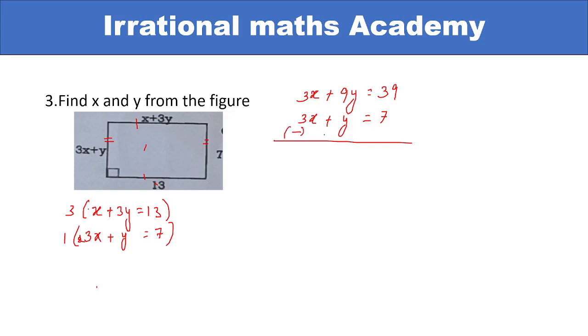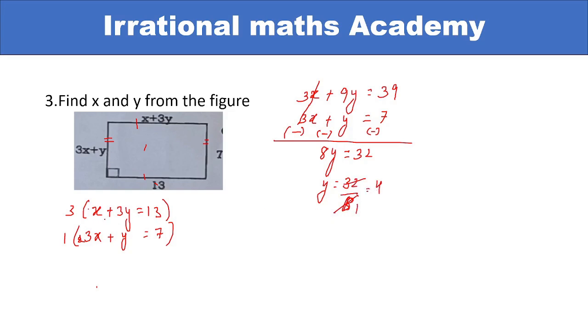This is minus, this is minus, and this is minus. 3x minus 3x is 0, 9y minus y is 8y, 39 minus 7 is 32. So y equal to 32 by 8, 8 fours are 32. So the y value I got is 4.